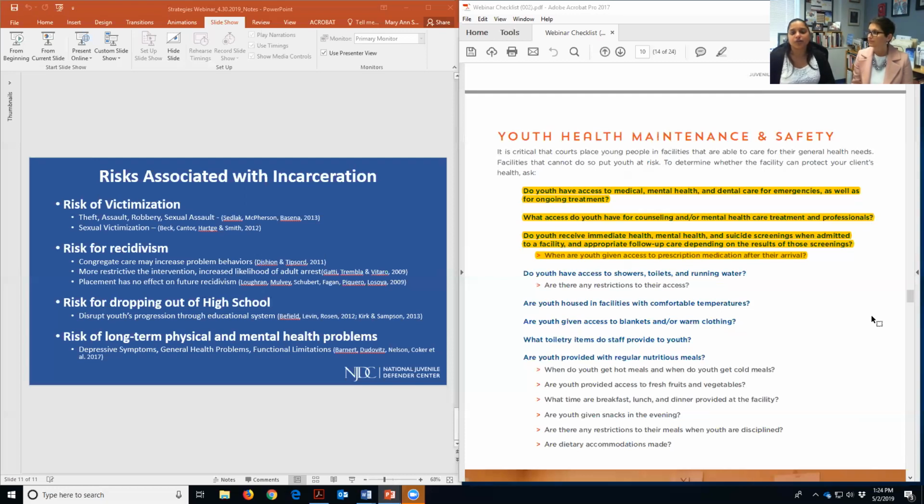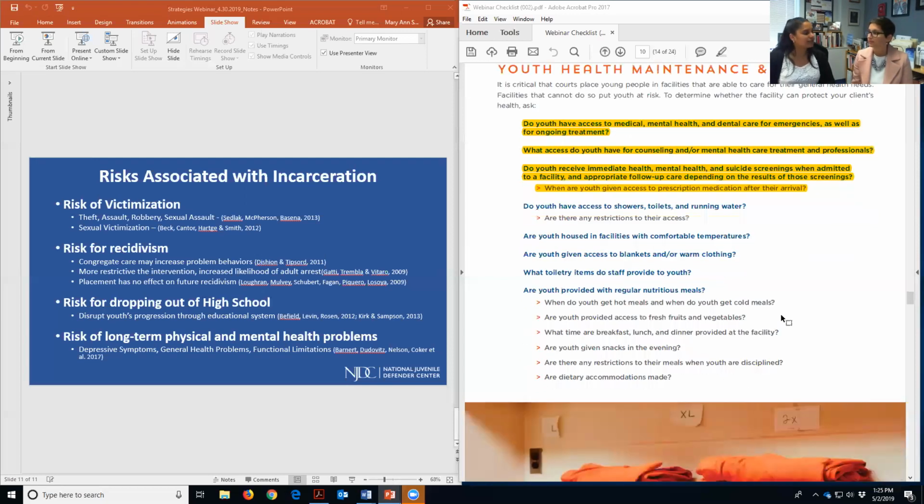What access do you have for counseling and or mental health care treatment professionals? Are those professionals licensed within the state or whoever is in charge of licensing? Do they receive the immediate health and the ongoing health? These are all things to consider when it comes to the health of our clients and what the lack of care might lead to, future risk associated with incarceration.